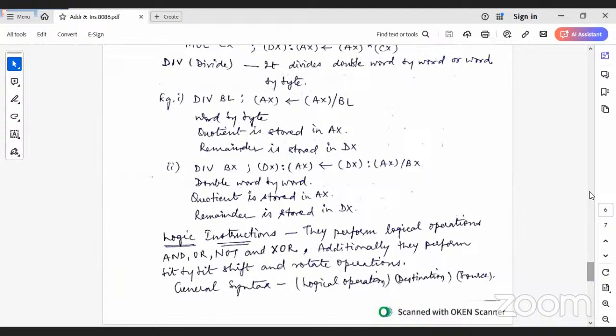So a double word means it can be more than 16 bits. You can write in your notebook, 8 bits is 1 byte, 2 bytes is a word, 1 word.